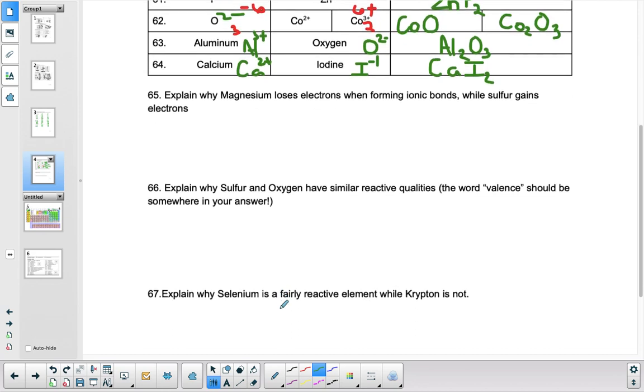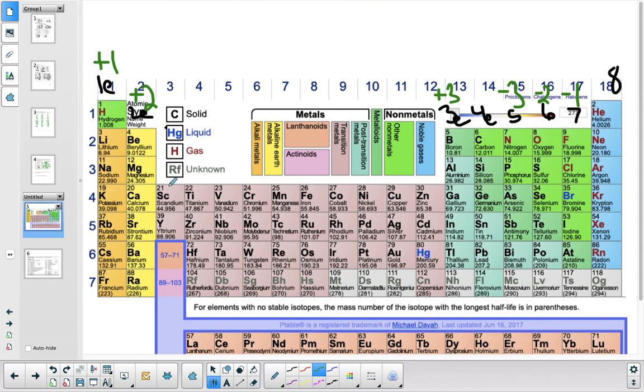So for 65, 66, 67, if we're looking here, magnesium is going to lose electrons, while sulfur is going to gain electrons. So if we find them on our periodic table, magnesium and sulfur, magnesium, the reason that it's going to lose electrons instead of gain is because it only needs to lose 2. It's a lot easier, takes a lot less energy for magnesium to lose 2 than try to gain 6.